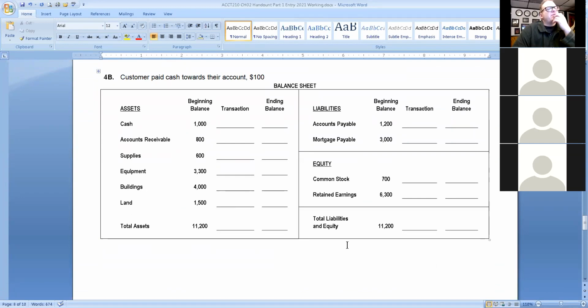4B is the same as the other one. Customer paid cash towards their account, 100. It's the same transaction. Their account would be accounts receivable. I think I put those two in there because I think that's the wording that the book uses.